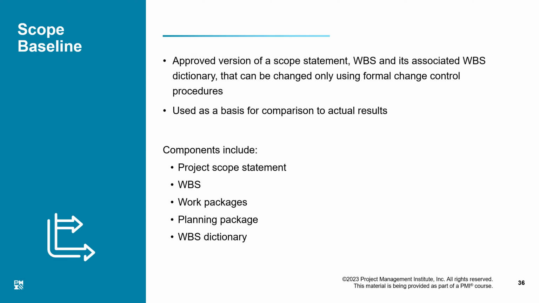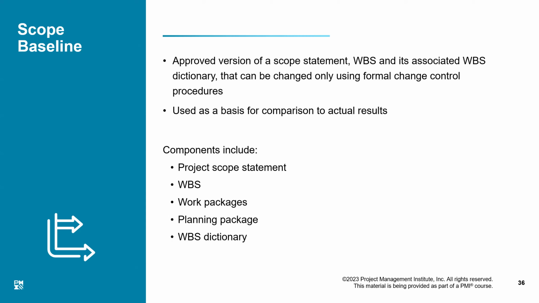Otherwise, we do understand that the smallest level of your WBS would be the work package. So these are the various components, and interestingly, all of them put together will form the scope baseline.